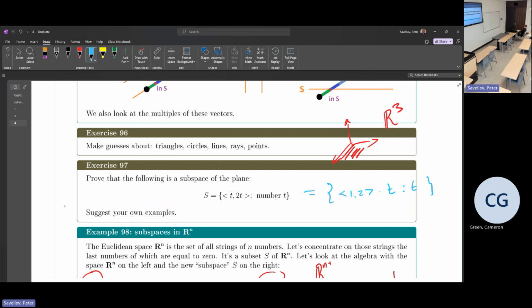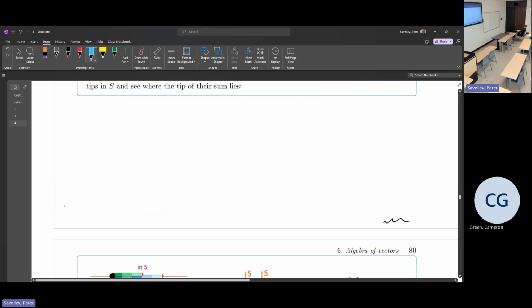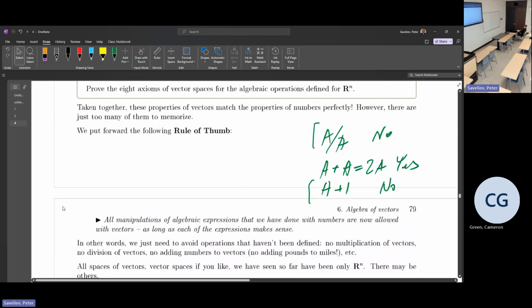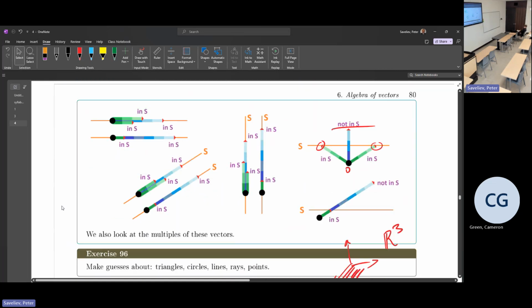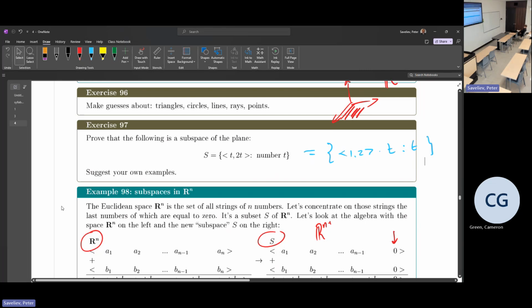If you add two multiples of (1, 2), the vector is still a multiple of (1, 2). If you multiply a multiple of (1, 2) by a number, then you still have a multiple of (1, 2). So that assures that all the axioms of vector space, too many to remember, will hold, and you can assume as if the whole linear algebra is there in that little space.